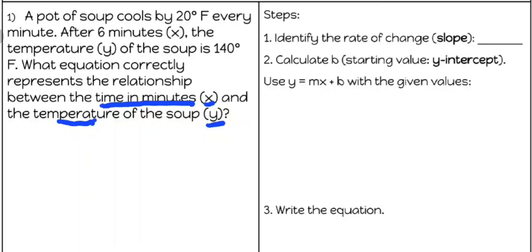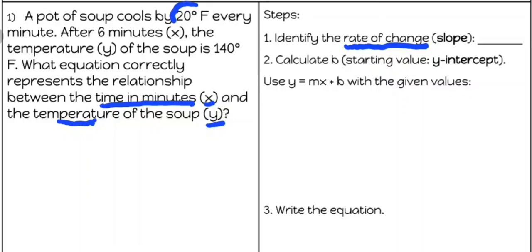So the first sentence is telling us a pot of soup cools by 20 degrees Fahrenheit every minute. So it means the temperature of the soup is changing every minute by 20 degrees Fahrenheit. So that's our rate of change or slope.